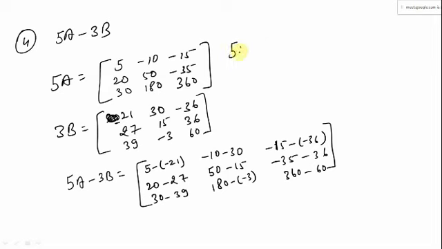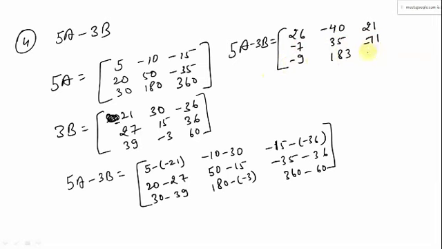So 5a minus 3b is equal to: this will be positive 26, this will be negative 40, this will be positive 21, then negative 7, 35, negative 71, negative 9, 183, and 300.